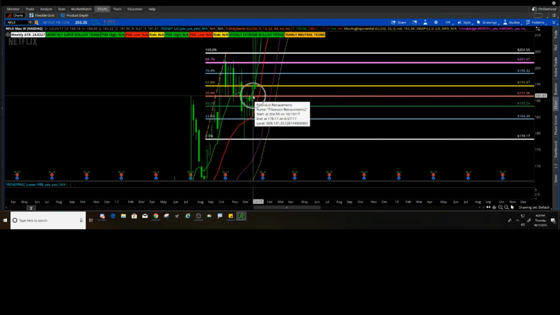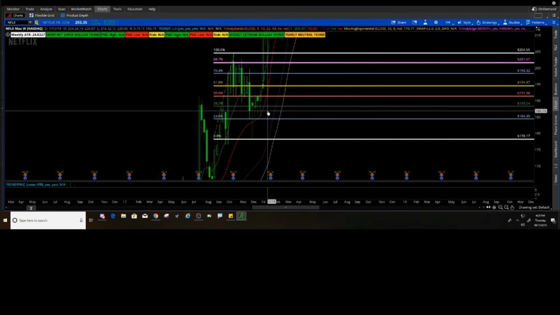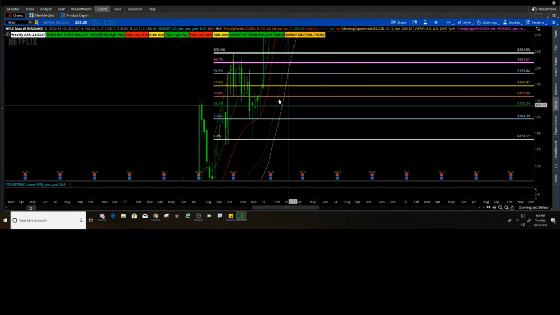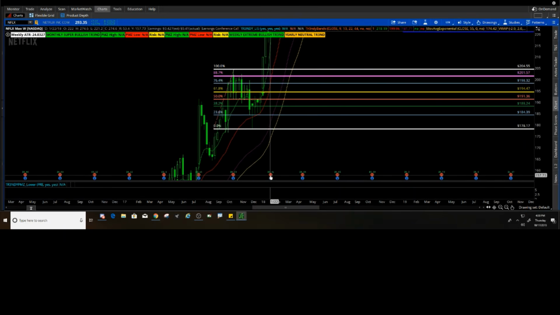Because this is the bell curve at the 50, notice how price stalls and goes sideways. Okay, there's not much going on here. Once it breaks above the 618, then it's off. Now I'm sure this is probably right before some earnings, it looks like here on Netflix. Okay.